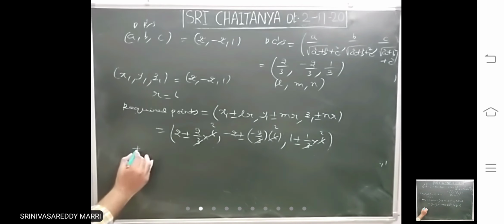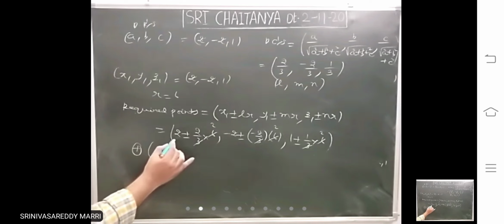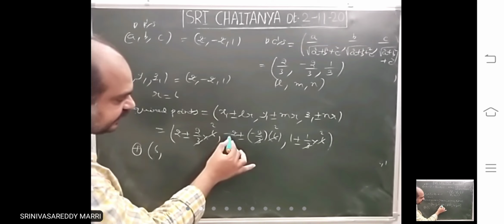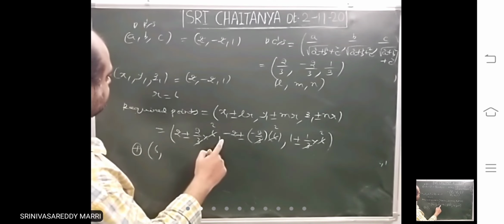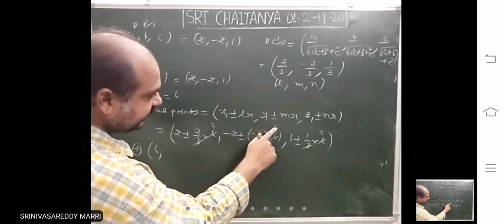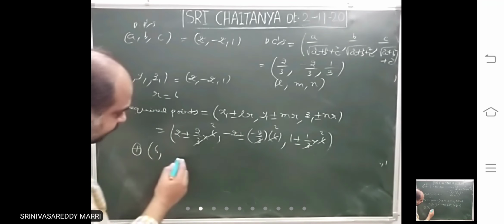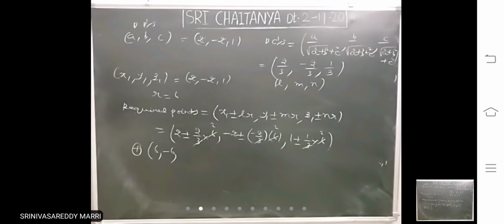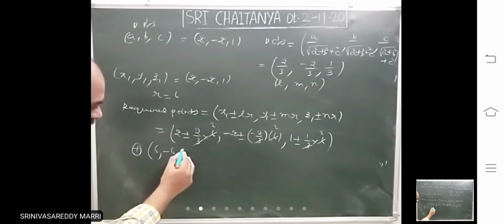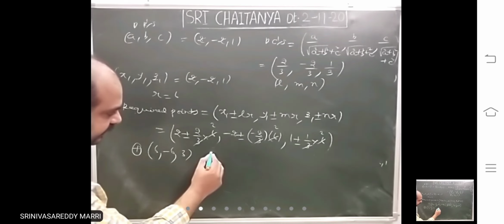If you take plus, you will get 1 point. Look at 2 plus 4, that is 6. Minus 2 plus means minus 2 minus 4, that means minus 6. And 1 plus 2, that is 3. This is 1 point.